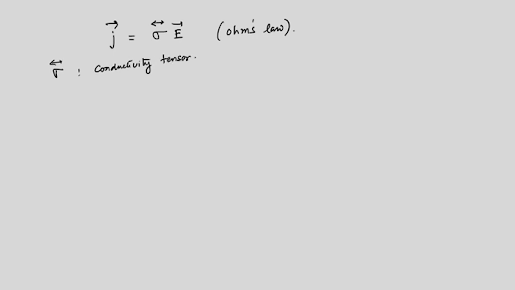All right. So once these things are clear, J has two components, Jx and Jy. If we write this, our sigma will be sigma xx, sigma xy, sigma yx. We have to be a little careful: sigma xy and sigma yx may not be the same, and in this particular case it is definitely not the same.